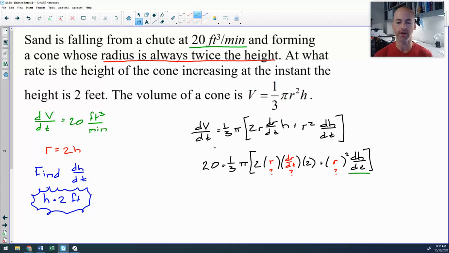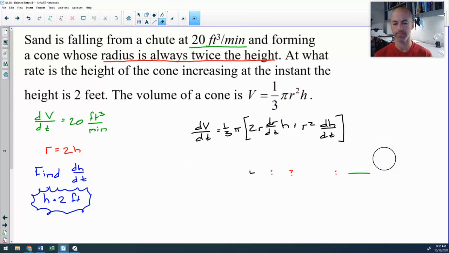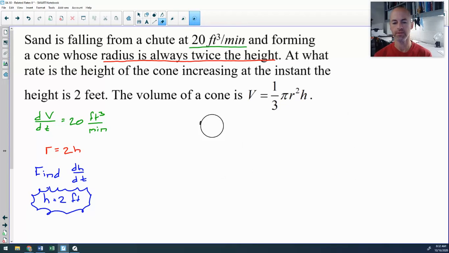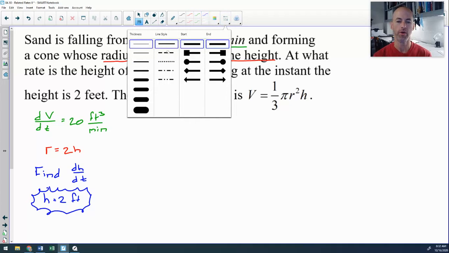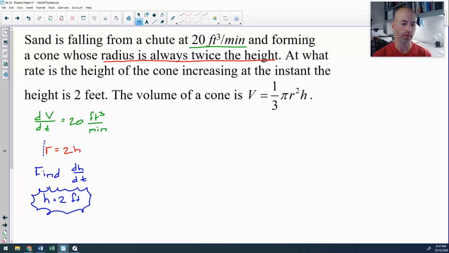We have too many unknowns, and so rather than work with this equation, I'm going to make a change, because the product rule ended up being ugly with too many unknowns. I'm going to take advantage of the fact that we know the radius is always twice the height. If you are given a relationship like that, and it is always true, then you can substitute that before you take the derivative.